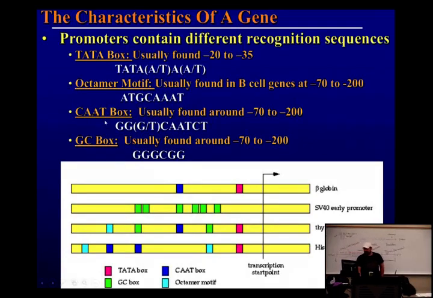And then there's other ones. One's called the CAT box. Why do you think it's called that? CAAT. There's a GC box that has lots of G's and C's. There's octamers. So there's different things that are found in different areas. The one we're going to focus on is this TATA box, though, because that's the most important one in eukaryotes.